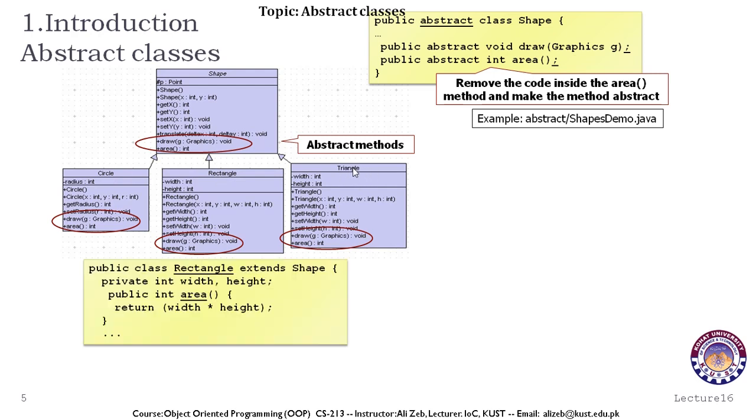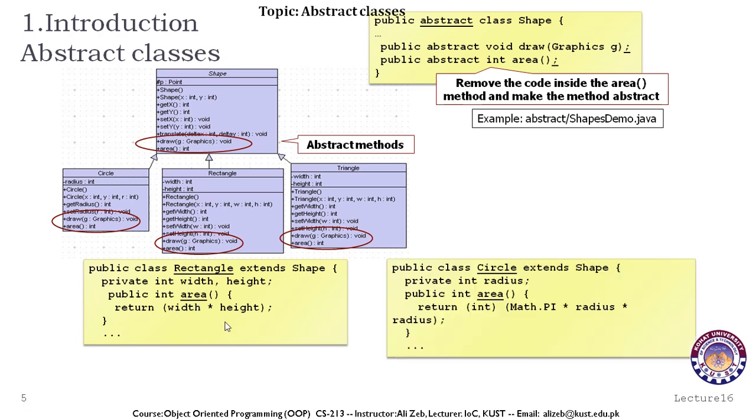The implementation of the abstract method is now a requirement in the subclasses. So when we extend the shape class in the rectangle class, we need to have an implementation of the abstract methods of the shape class in the rectangle class. We need to implement the area method, and we'll need to implement the shape method as well.